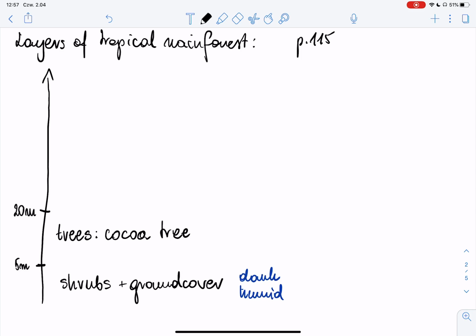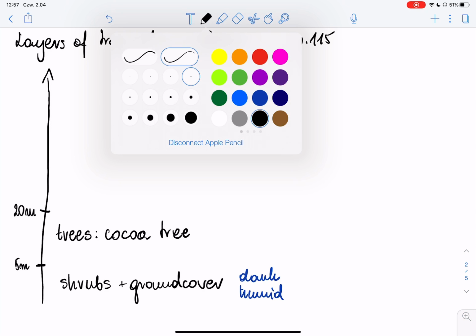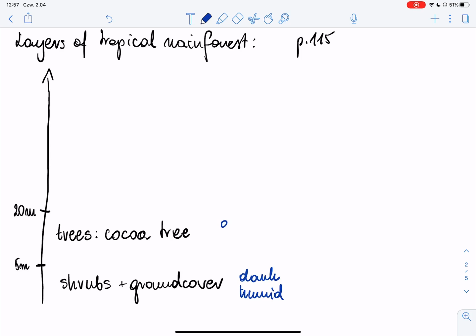And basically, this place is the home for trees that don't like direct sunlight, that are adapted to living in the shadow. It's also quite dark and also really humid. None of those two levels are windy.